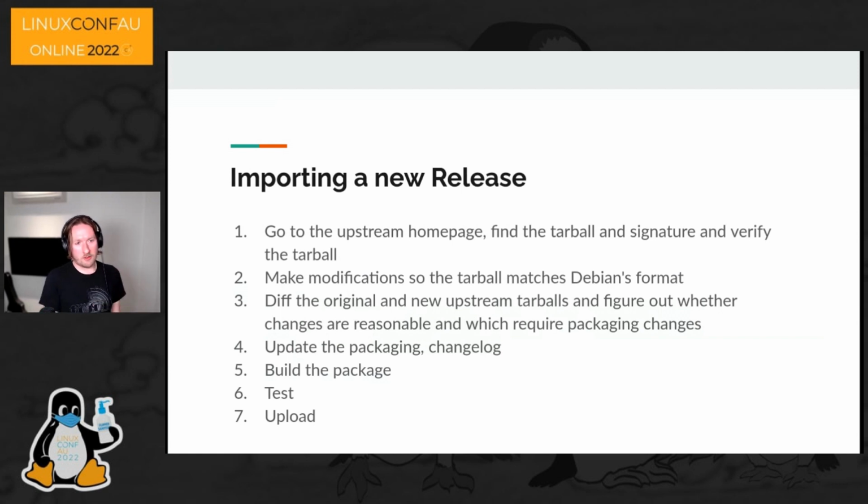So what does the process look like for updating a package to a new version today? There's a lot of individual steps that a maintainer needs to take, and some of these steps are now somewhat automated, but until recently there wasn't really a single command that could replace all of these.